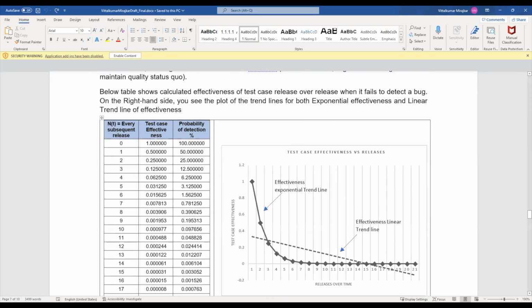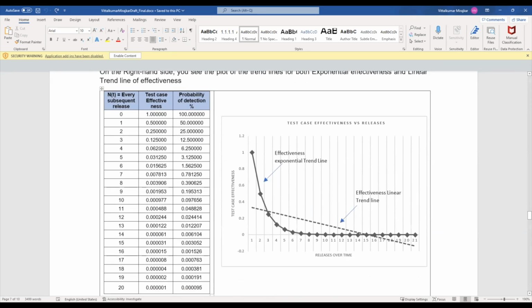So with this, when I plot the equation, I get a very interesting value. At the start, the first time the test case is executed, its effectiveness is 1, the probability of finding a bug is 100%. Now, if it misses out on this first execution, on the second execution, if I run the test case, its probability of effectiveness is 50%.